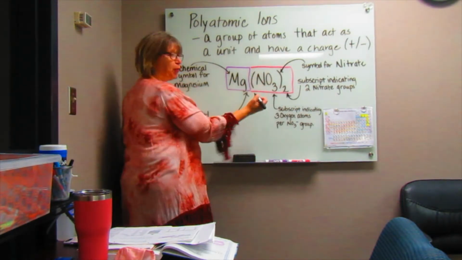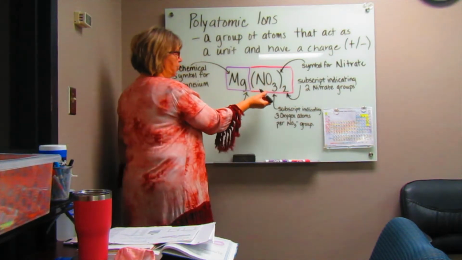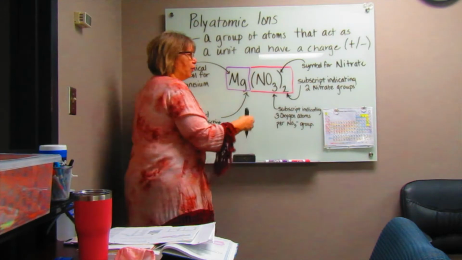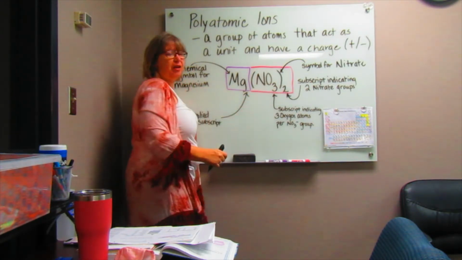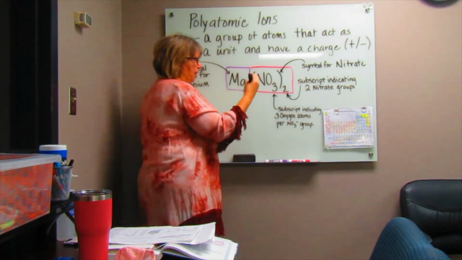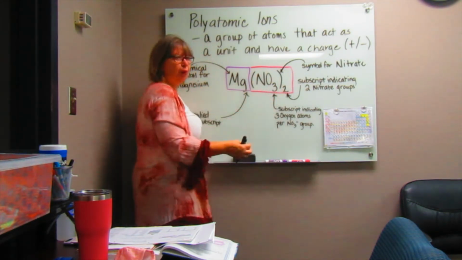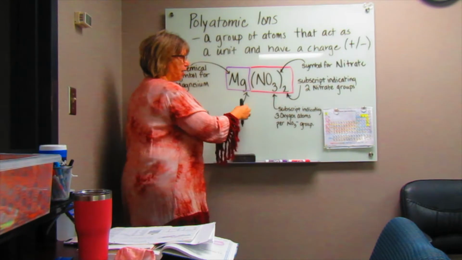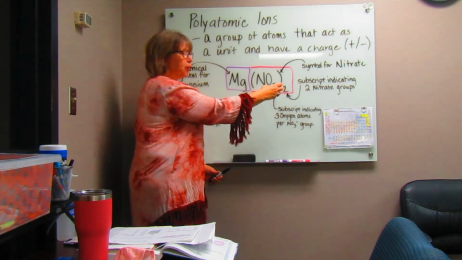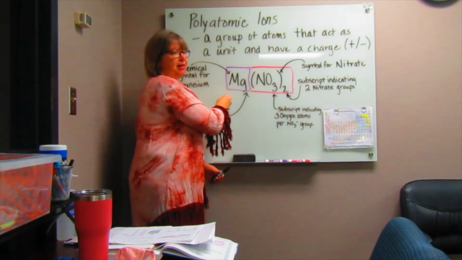So inside the parentheses we have nitrogen and oxygen, and we have a subscript of 3, which indicates there are 3 oxygen atoms in this particular compound. Outside the parentheses we have a 2, okay? So this 2 subscript indicates that there are 2 nitrate groups for this one magnesium.